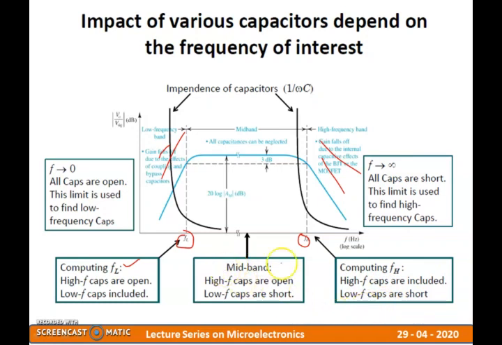When I want to calculate the midband frequencies, I use both conditions: I open the high frequency capacitors and short the low frequency capacitors. Thereby I get the midband frequencies. Just remember these concepts as of now. In the subsequent lecture we are going to solve a numerical where everything will be made crystal clear on how these things work.